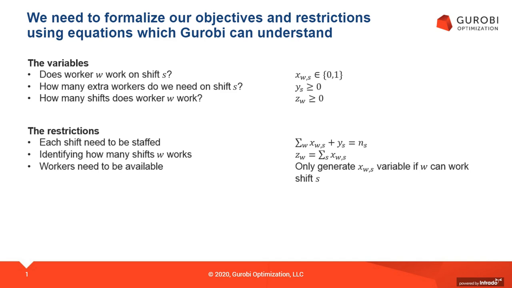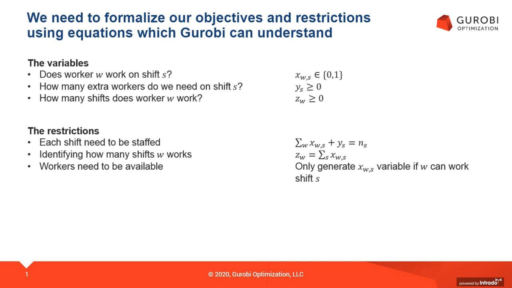The second point is that we identify how many shifts a given worker W worked. So that, in the form of an equation, is simply summing for a given worker W over all the shifts S and storing that in the variable Z. And finally, we have the requirement that the worker needs to be available.